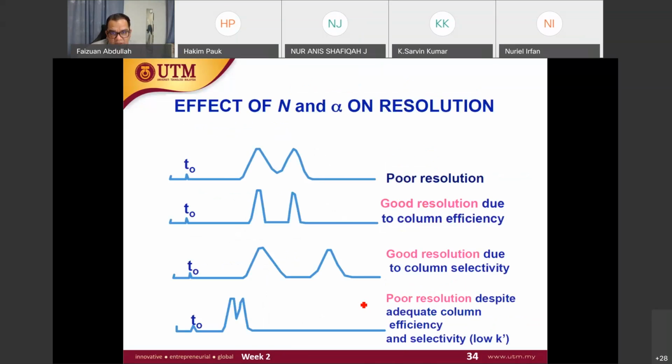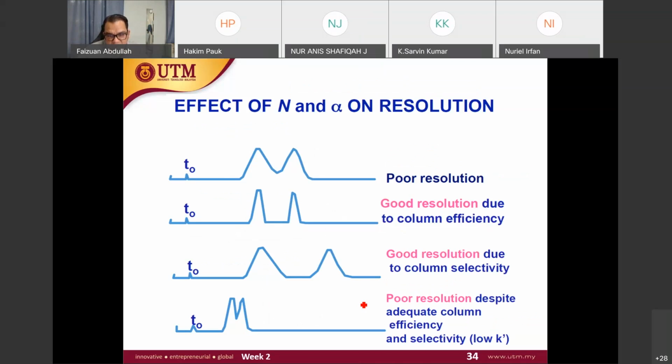And the effect of N and alpha on resolution. The first one is a poor resolution, the second one is a good resolution due to column efficiency, and the third one is a good resolution due to column selectivity.